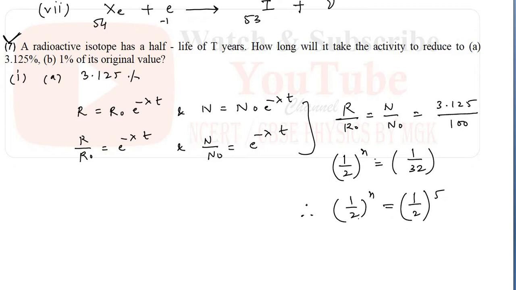So comparing the powers, we get n is equal to 5, so it will take 5t years. Okay, student? So this is basically how we got this equation. This is the history behind it.